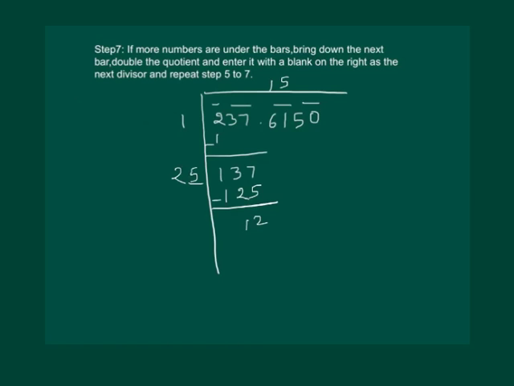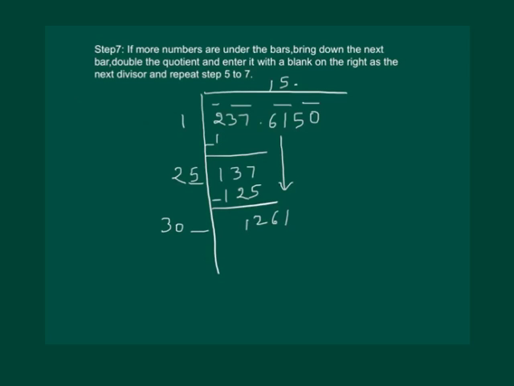Next step is to bring down the next number, that's 61. Double the quotient, that gives us 30 with a blank, and we have to check that the number that we have copied down is after the decimal, so we have to put a decimal.